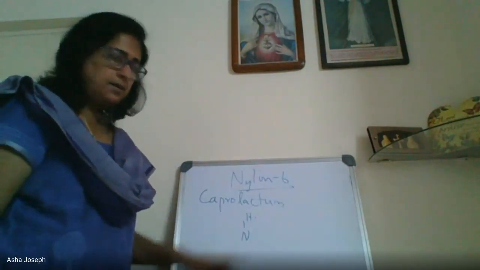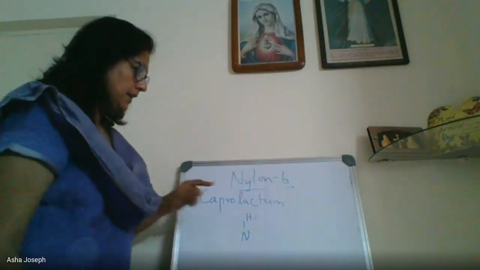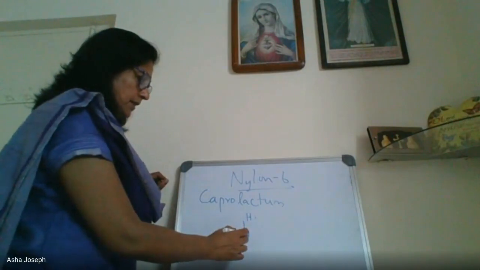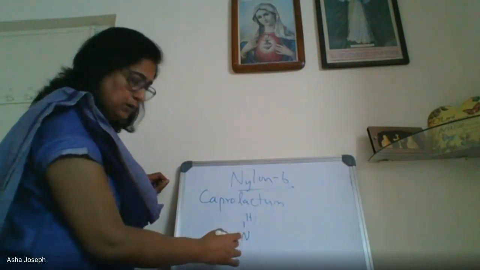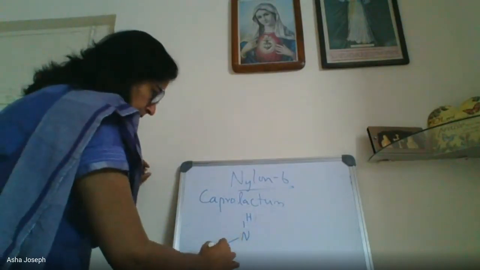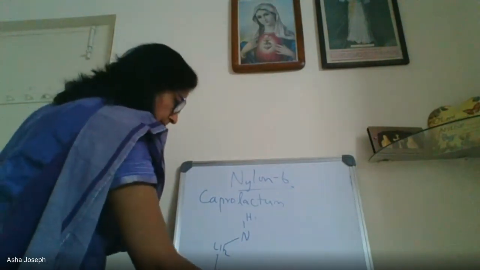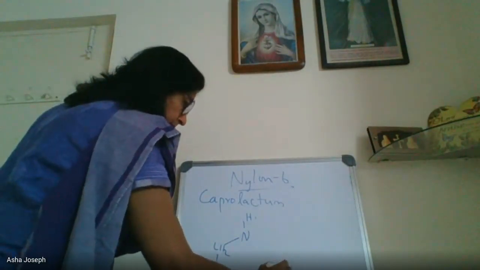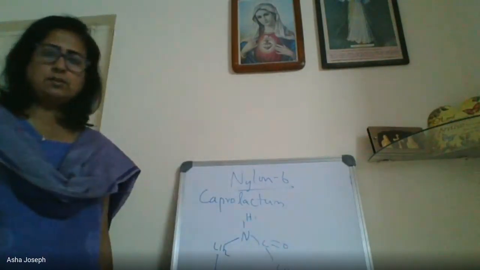When I taught nylon 6, I said the sixth carbon is a CO because the NHCO bond is there. So five you have to count and put five CH2: CH2, CH2, CH2, CH2, CH2, C double bond O. Understood? Caprolactam?